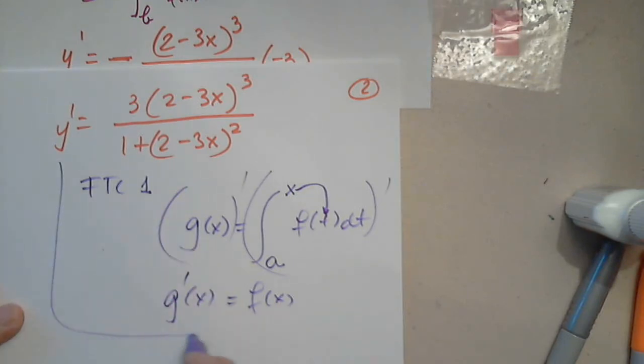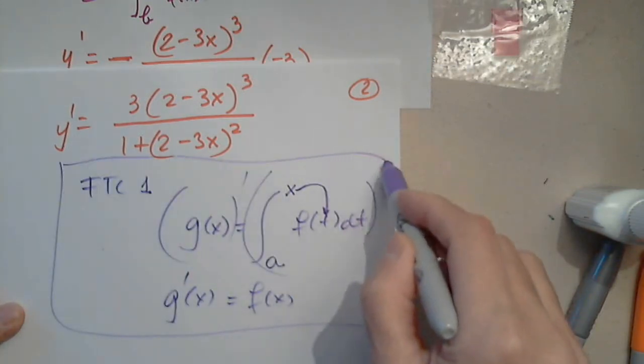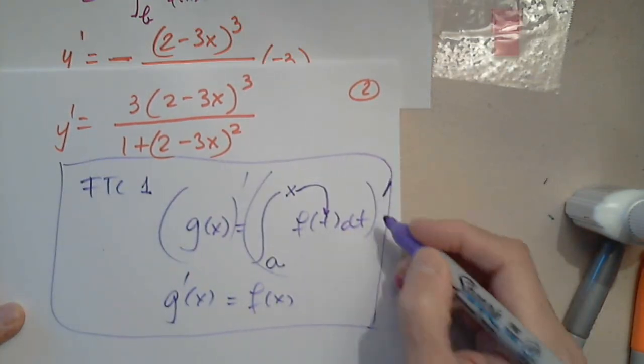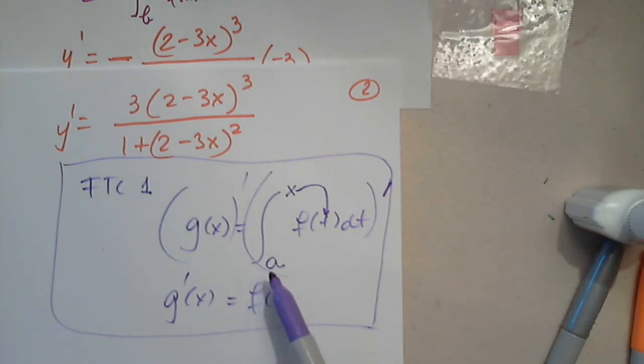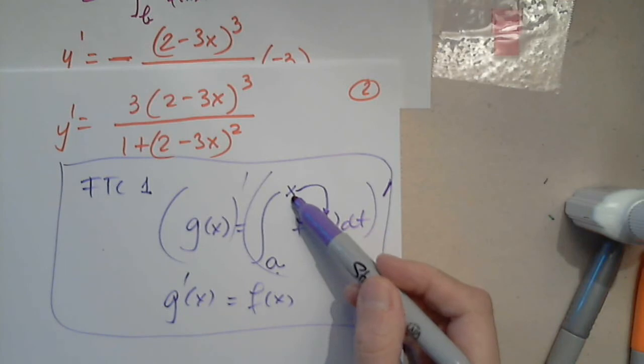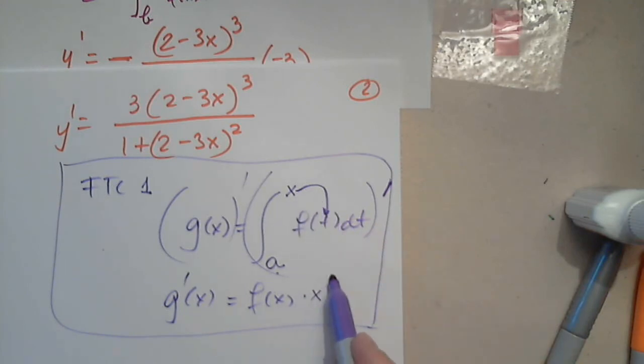So that's why I was saying the first requirement is that this is a number, any number, and this is whatever. If it's x, then I don't have to multiply by x prime because it's 1. If it's a function, then I will multiply by that function prime, whatever that is.